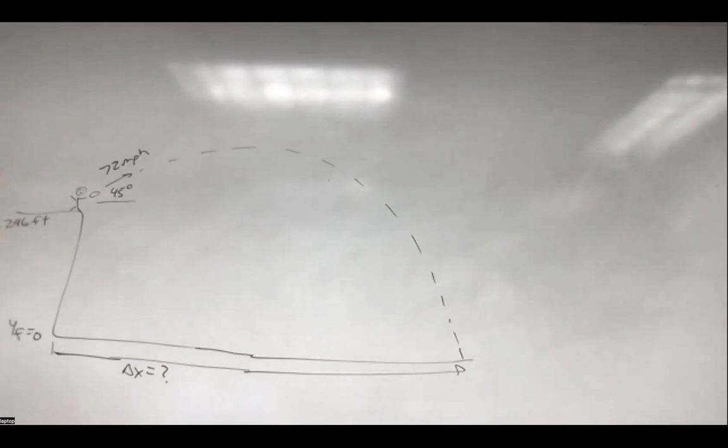So what are things we know, or what do we have to do now to set up our problem? We have to find our unknowns. That's true. But as we set up, they tell us that someone stands on a 246-foot cliff. They throw a baseball at 72 miles per hour at 45 degrees.